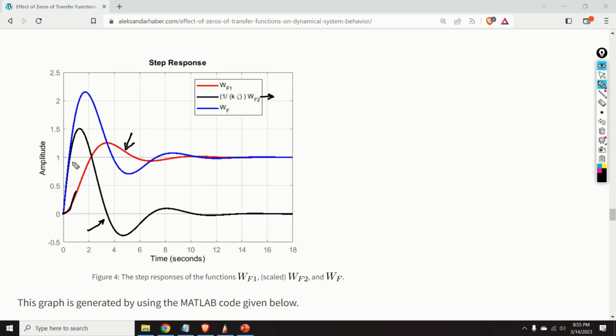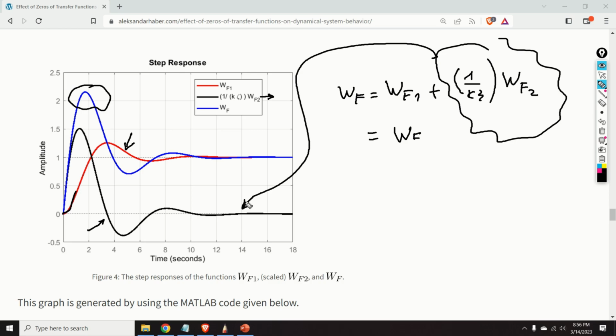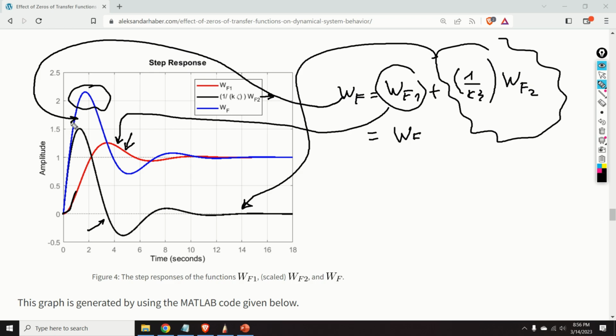And finally, the blue line is the response of our function that's basically equal to WF1 plus 1 over k zeta WF2. And this is our original transfer function. So this term over here gives this part of the response, and this term over here gives this part of the response, such that when we sum everything together, that is, when we superimpose, we obtain the blue line.